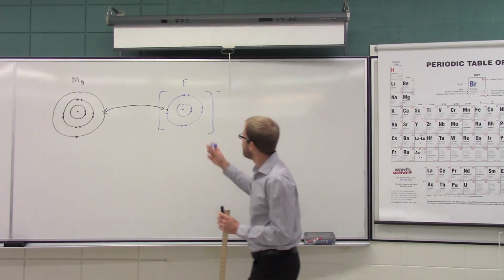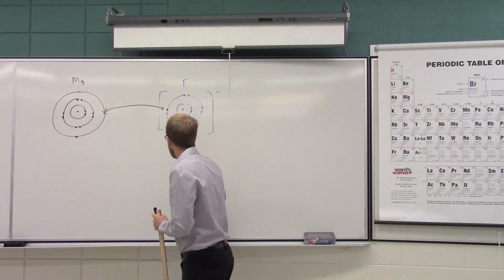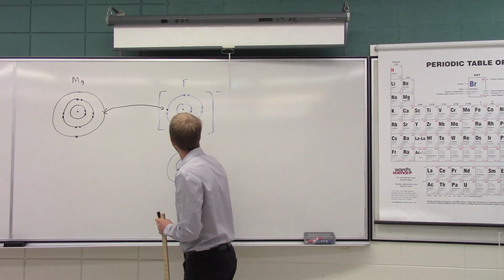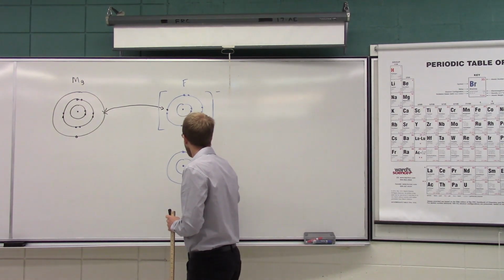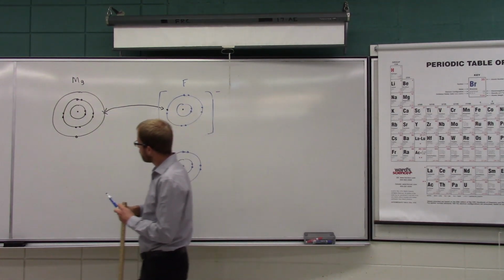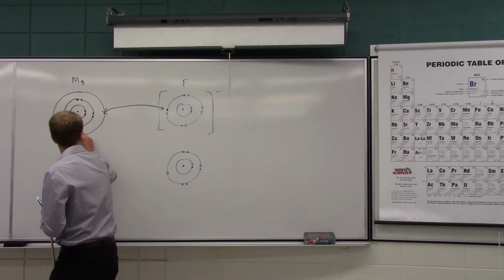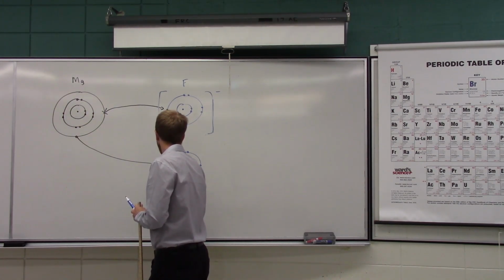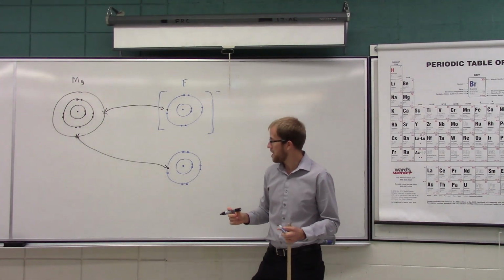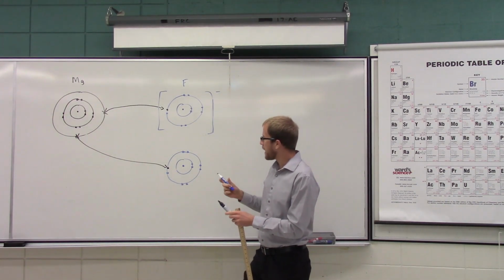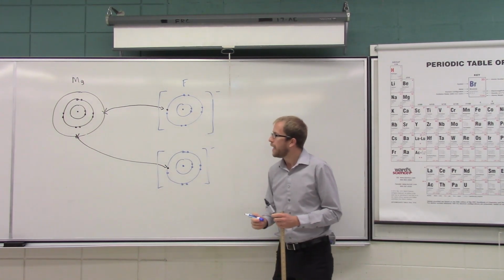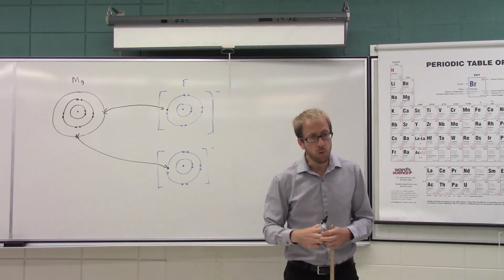So if we add another fluorine here, we can get rid of this electron from magnesium. And now is everyone happy? Yes. Our fluorines here both gained an electron to get a full shell. They're both negatively charged. And our magnesium has lost 2 electrons.